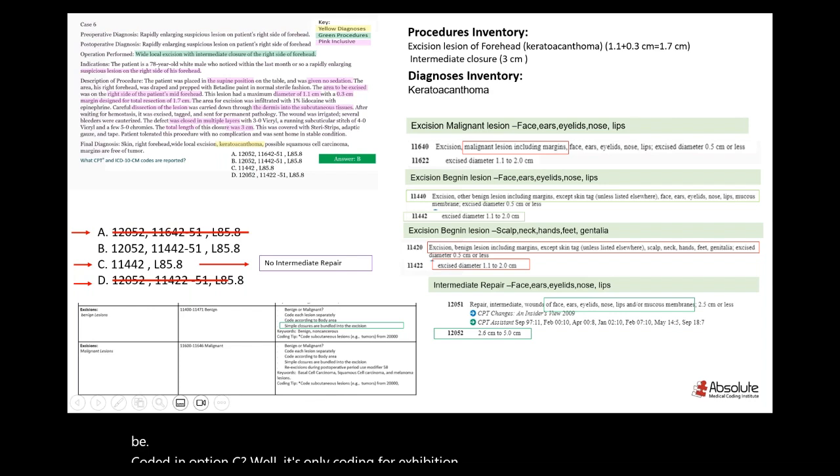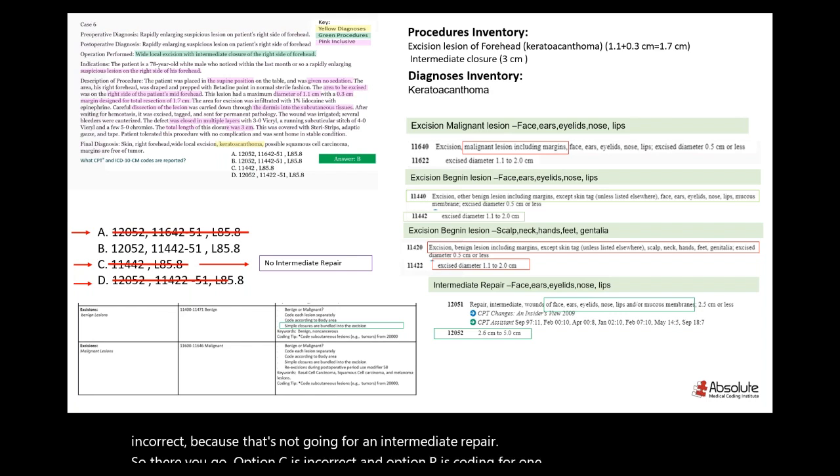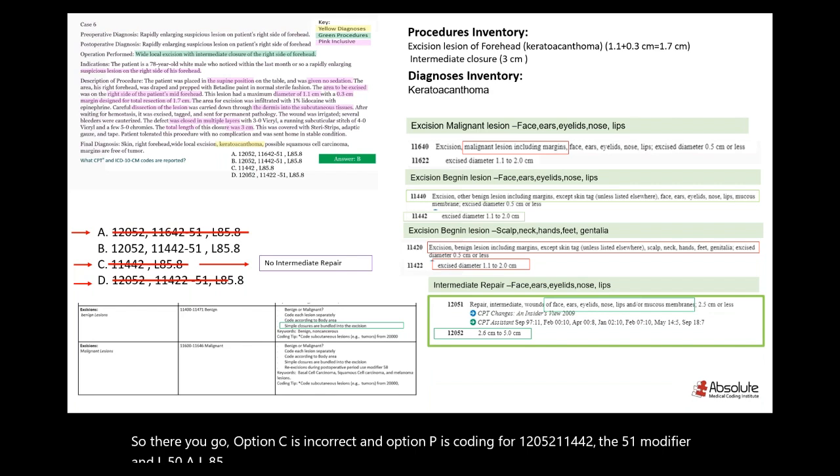That's why option C is incorrect, because it's not coding for an intermediate repair. And option B is coding for 12052, 11442 with the 51 modifier and L50.A, L85.8, which is the correct answer. We have already said that 12052 is the correct code.